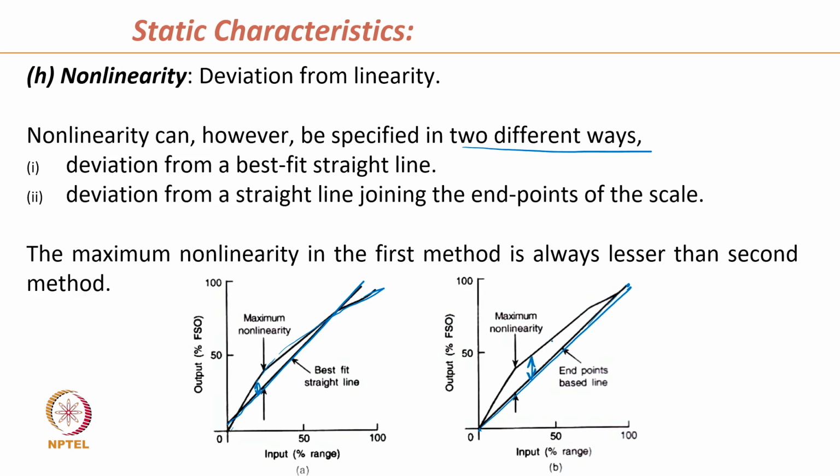So, this is based on joining the end points of the scale, and the maximum non-linearity in the first method is always lesser than the second method. So, this method will have lesser error compared to this method.